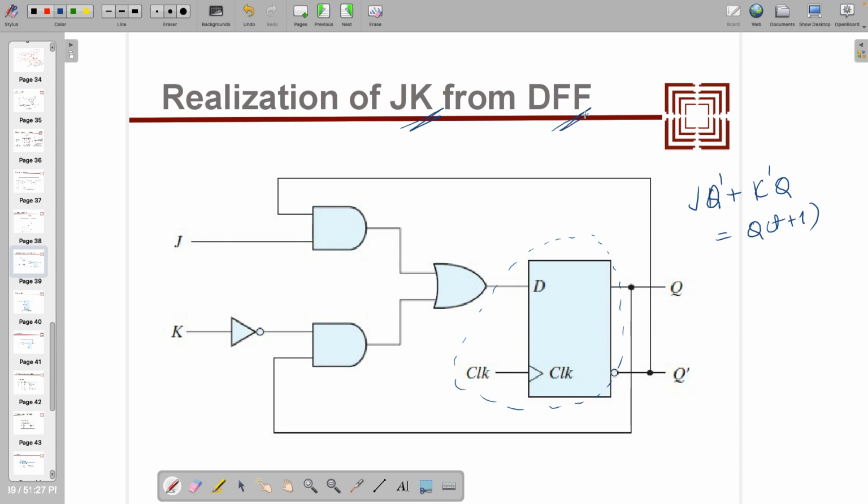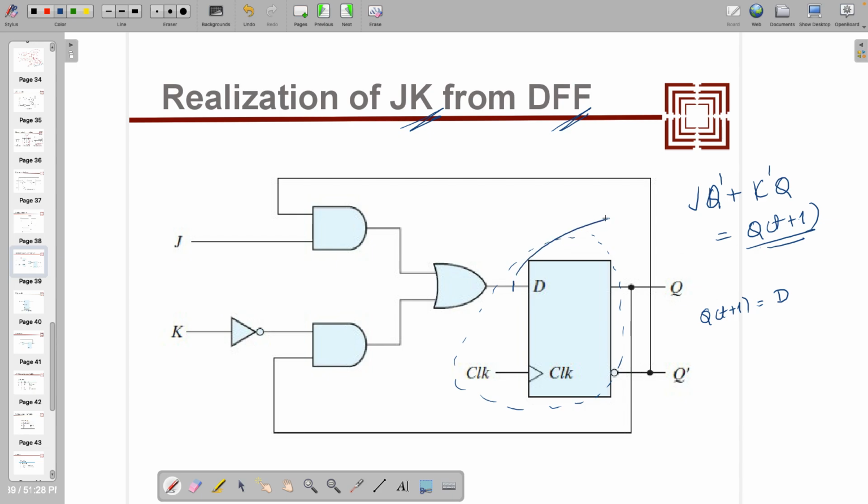So that is what I kept it over here, that if this is the equation and this is going to be the output, I know that D works as follows, that Q of t plus 1 is equal to D, because after some delay of 3 propagation delay of NAND, you will get the answer, right.